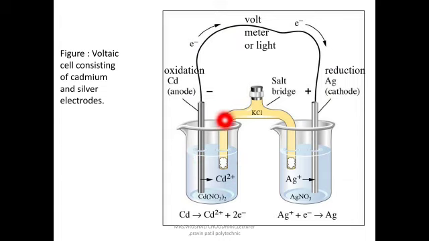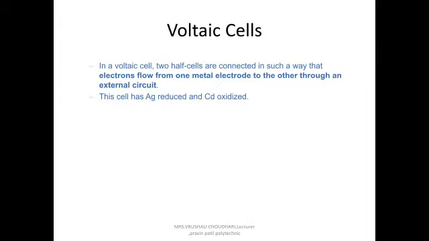They are connected internally by a salt bridge and externally by a metallic wire. At the anode, oxidation takes place, while at the cathode, reduction takes place.